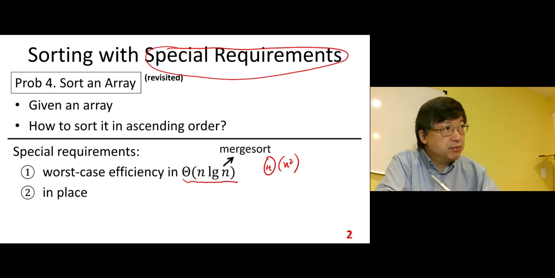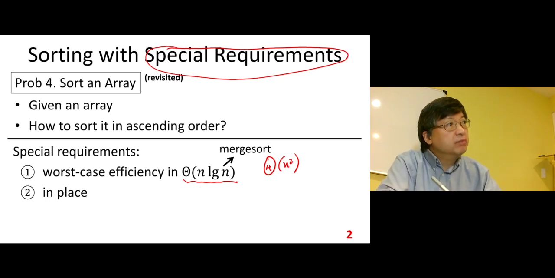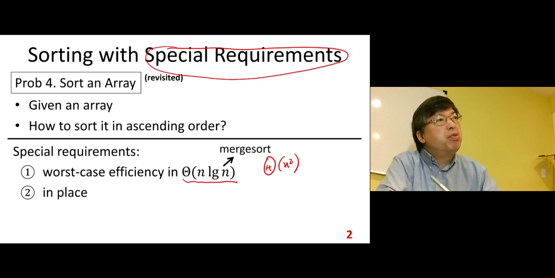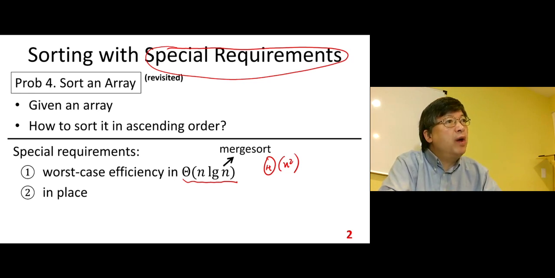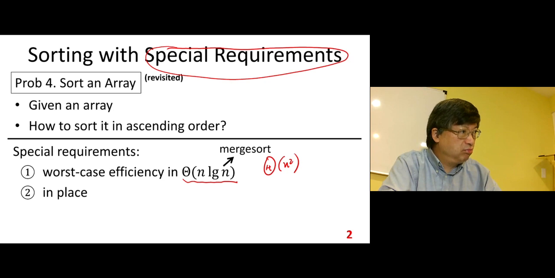Number two, in place. We want this algorithm to be completely in place. Why do I emphasize completely in place? Because for quick sort, you can see we only have level 1 in place, but we do not have level 2, the recursion.